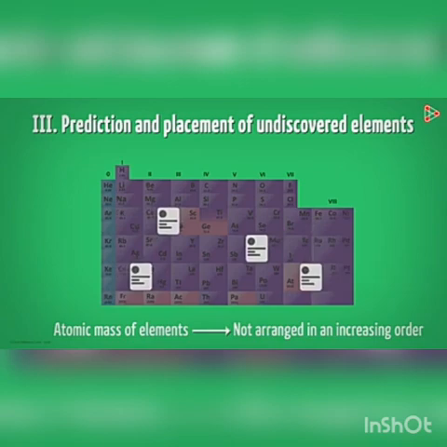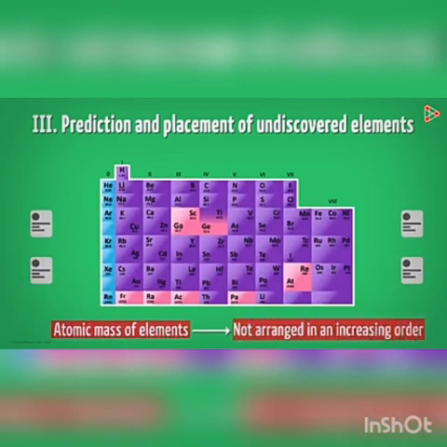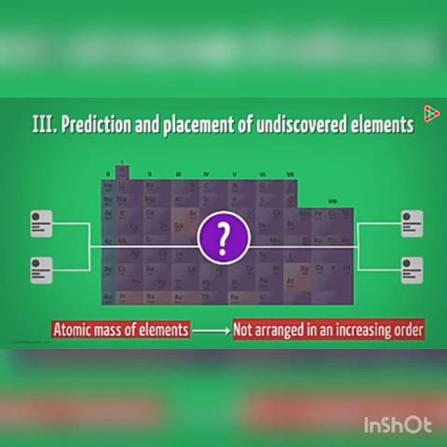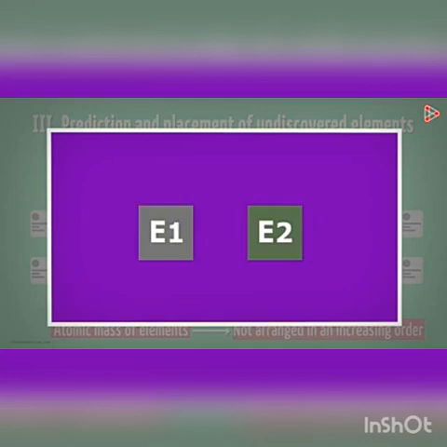But why? It's simply because if the atomic masses of previously discovered elements were not in a regularly increasing manner, then how and where will we place the new ones? Just for the sake of understanding, let us assume some values for the atomic masses of two elements.